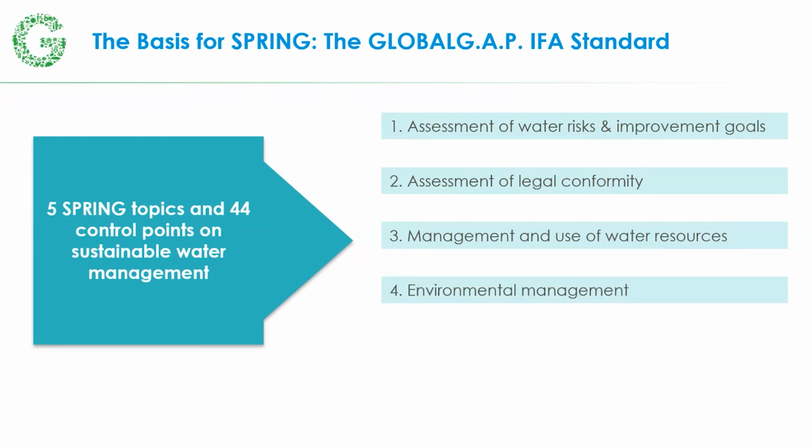Then, topic number 4, the environmental management, is focused on protecting the water. Protect, for example, if the producer has a river next to the farm or in the farm, protect this water, have a buffer zone, don't use any chemicals in this zone, improve the biodiversity in this buffer zone, take care of the erosion.